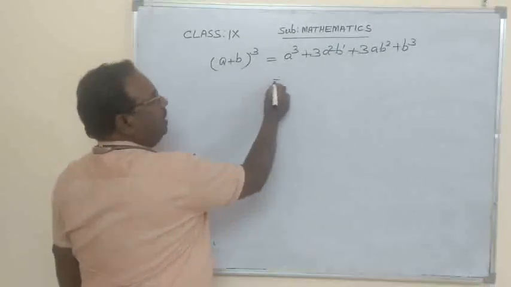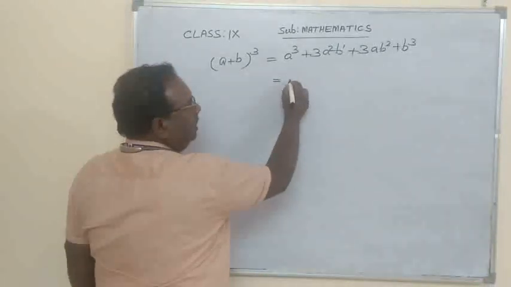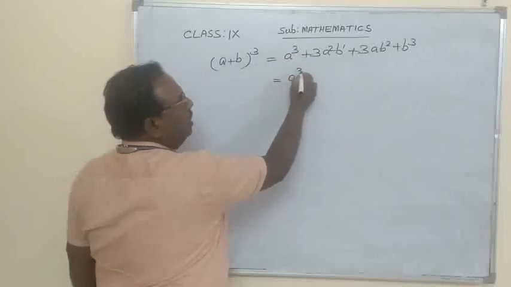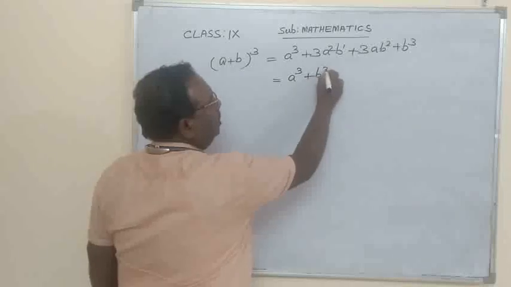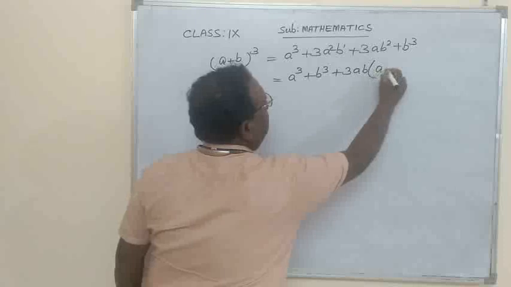The same formula can be written in some other way also, that is, (a plus b) whole cube equal to a cube plus b cube plus 3ab into (a plus b).